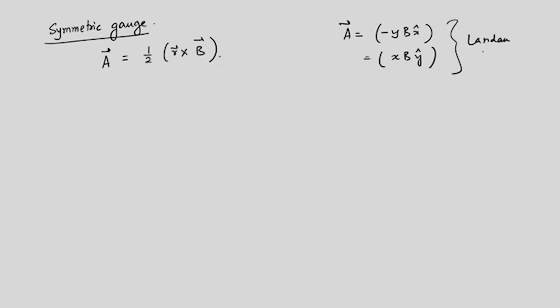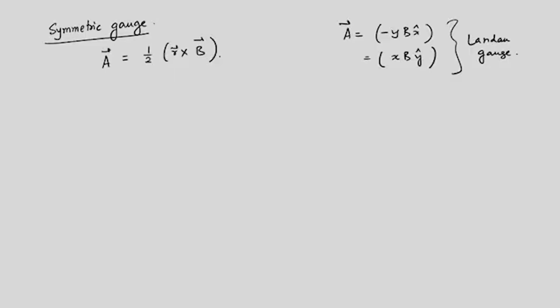In this particular gauge, after we solved the problem, the energy levels came out as (n plus half) h cross omega, where n can take values 0, 1, 2, etc. Now, depending on the gauge chosen of these two, that is minus yB x cap or xB y cap, there is either kx or ky.